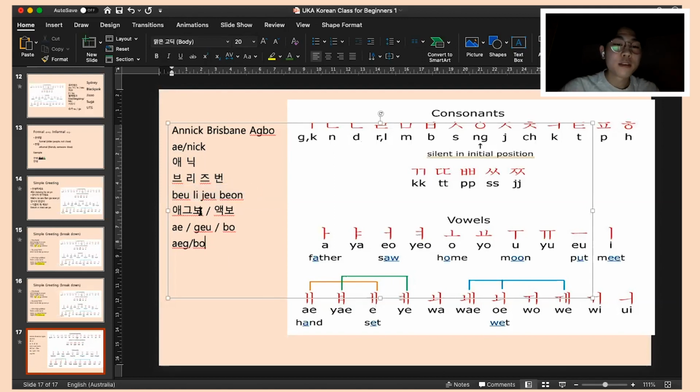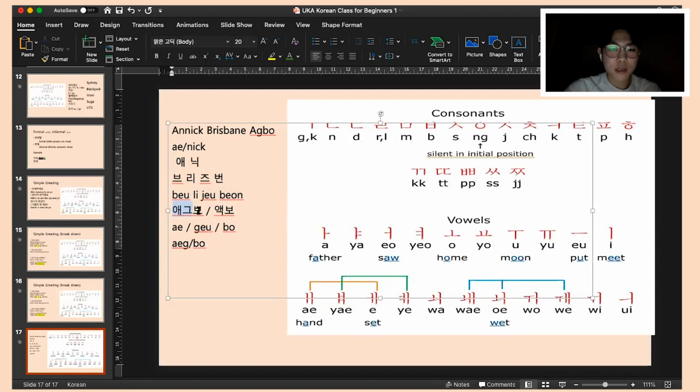And as I said before, the surname goes at the front, but I think in Korean culture, you don't really put a foreigner's surname at the front. That's weird. So they wouldn't call you Egbo Anik. So I think sometimes they make you a Korean surname. It's like a simplified version.